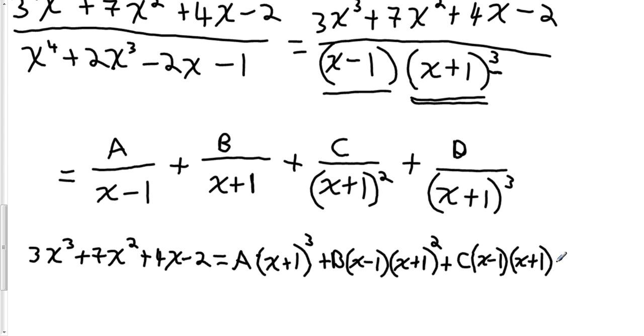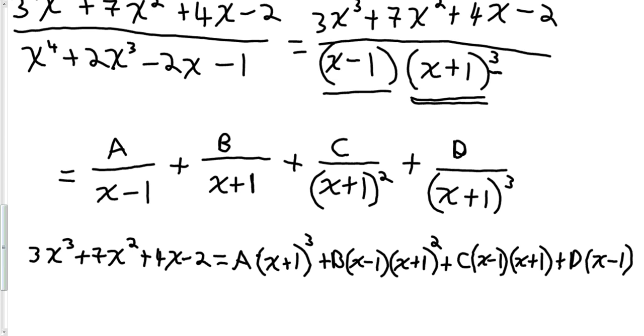And lastly, the term with d for the numerator. With this term, all three x plus 1 factors cancel, and you'll be left with only the factor of x minus 1. So d is only multiplied by x minus 1.